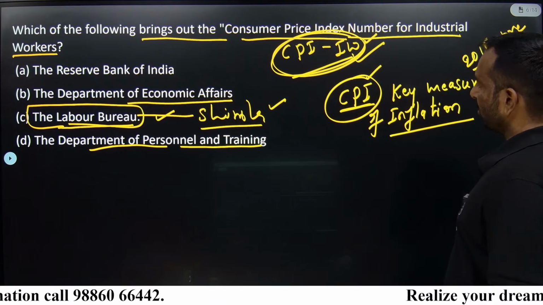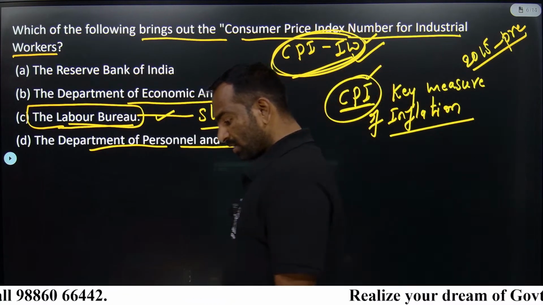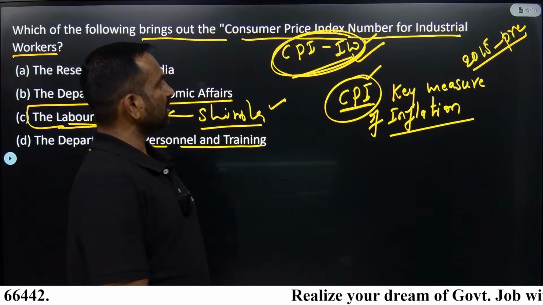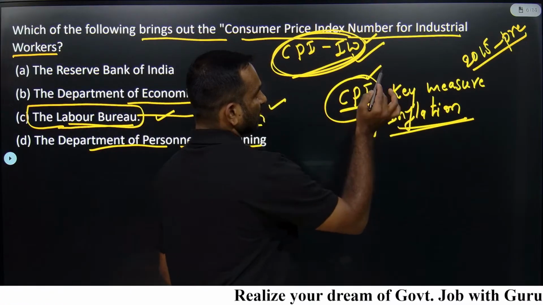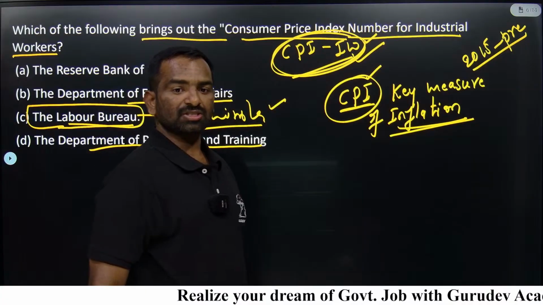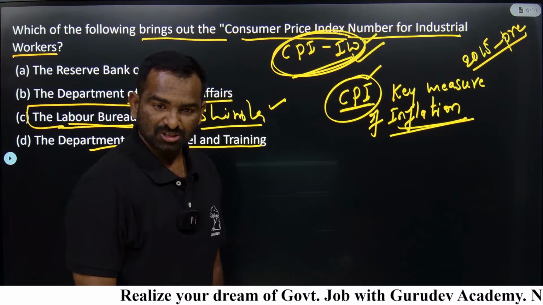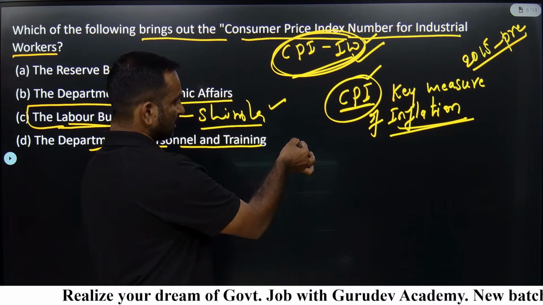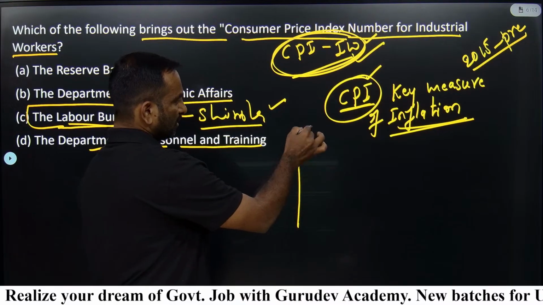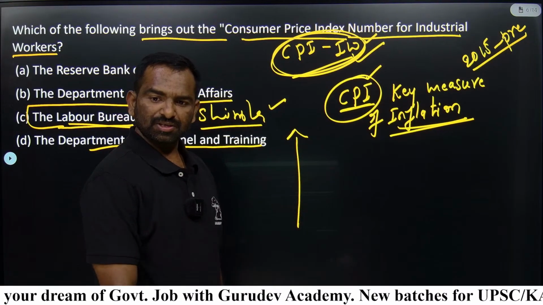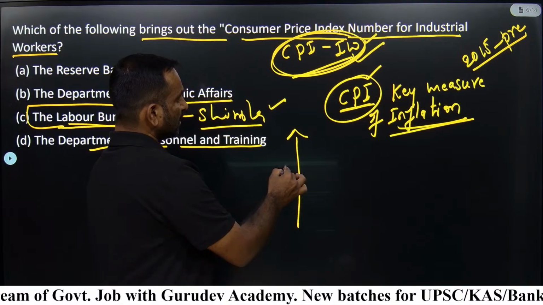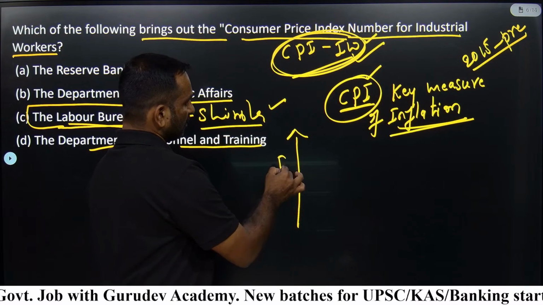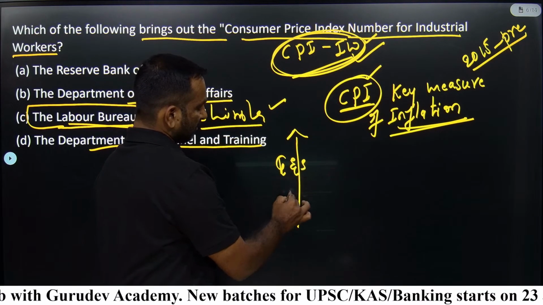Let's discuss the CPI. It's an inflation indicator. What is inflation? It's a general price rise of goods and services in the market.